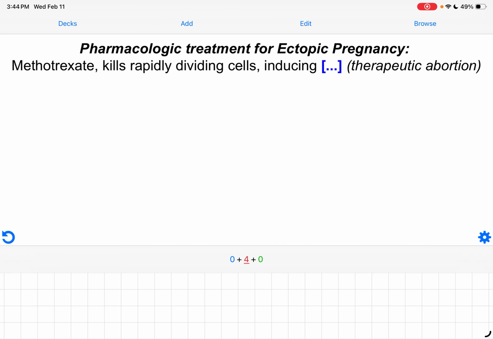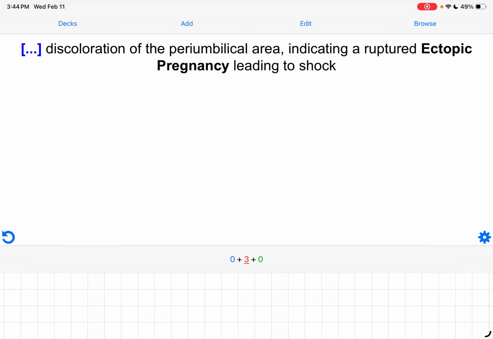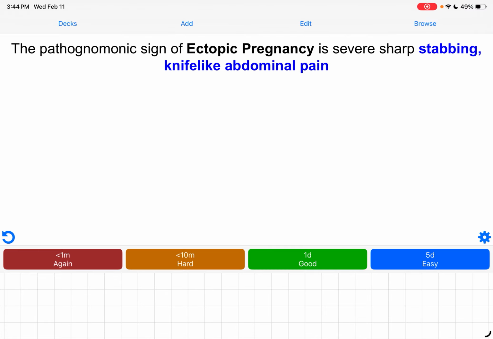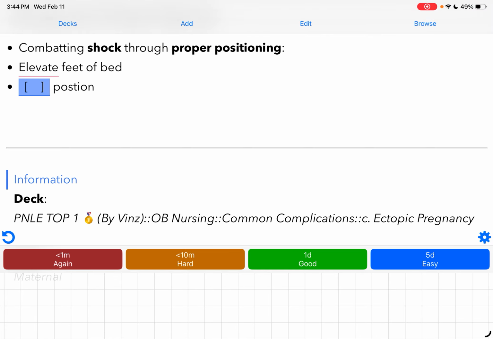Pharmacological treatment is methotrexate, which kills rapidly dividing cells, including causing miscarriage. The pathognomonic sign is severe, sharp, stabbing, knife-like abdominal pain. Elevate.